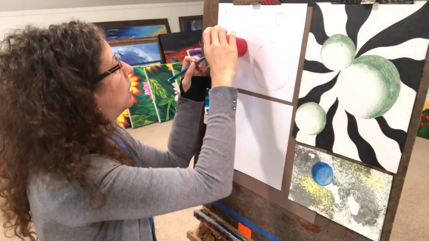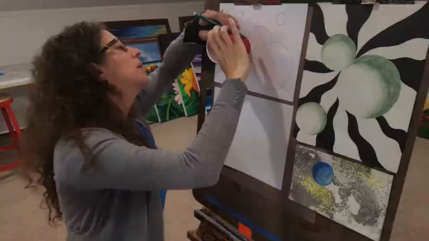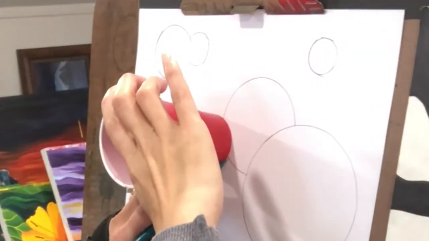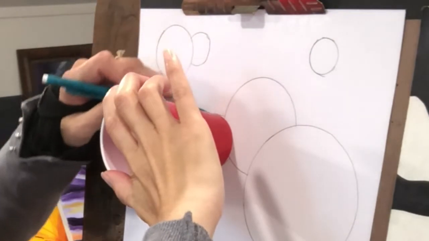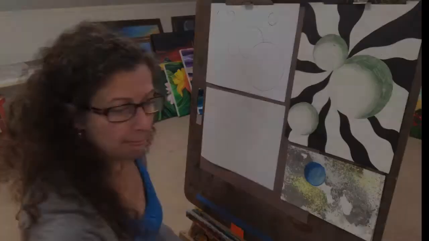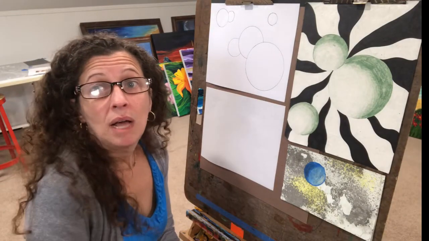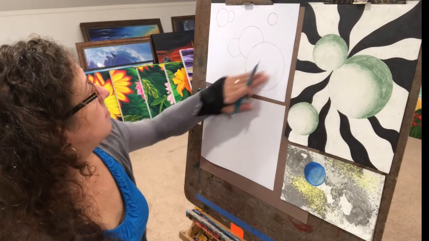One more. And maybe just a little piece of this one is going to overlap. And this could be an imaginary place, or I don't know, just an abstract design, right?